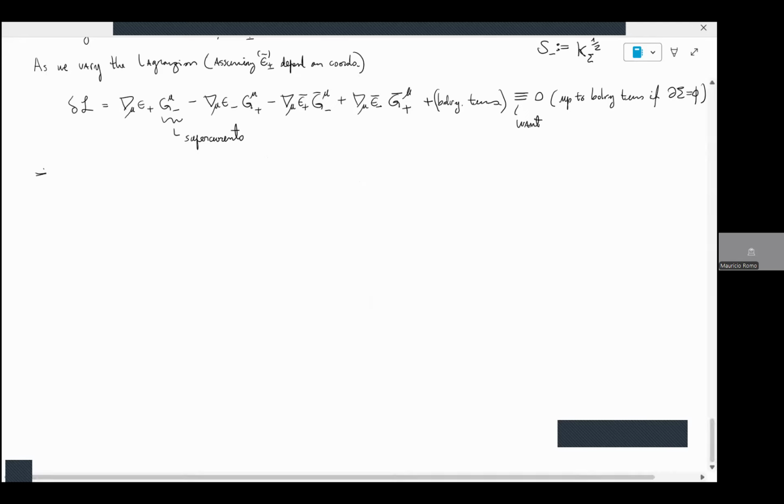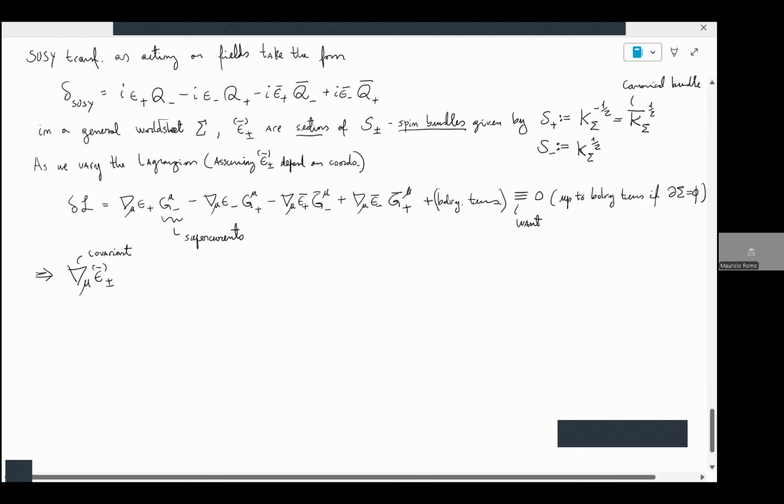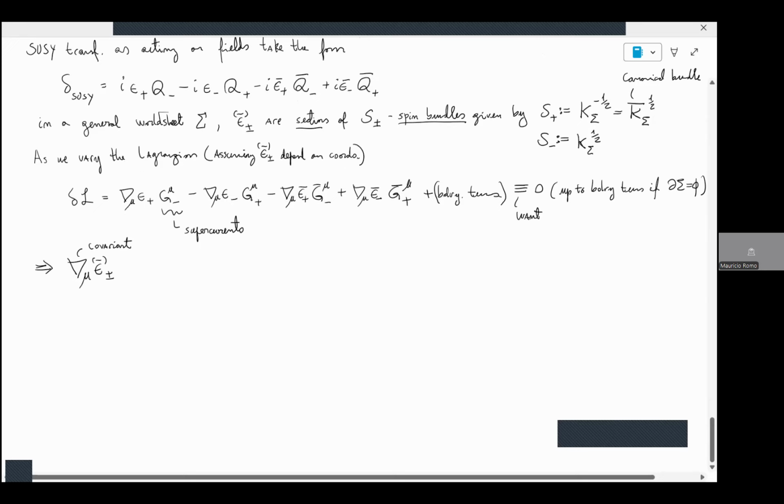If you want to make it zero, let's say I'm optimistic, I want to preserve all the supersymmetry because those were my assumptions. Then you need that this is zero, right? This is a covariant derivative. It's covariant because it's not a scalar. Epsilons are not scalars, even on flat space.